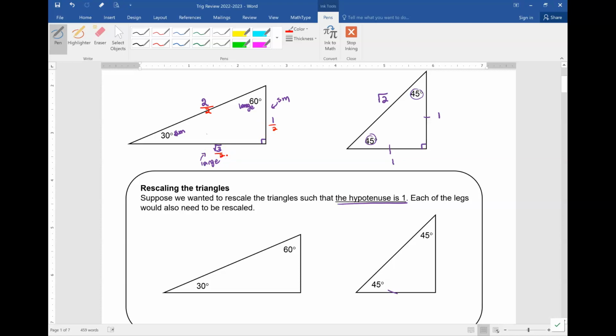So then the new side lengths of the 30, 60, 90 triangle become a 1 for the hypotenuse, a 1/2 for the short leg, and a √3/2 for the long leg. And all you need to know right now is that the short leg is 1/2 and it faces the 30-degree angle. The long leg is √3/2 and it faces the 60-degree angle. That is really all you need to know.